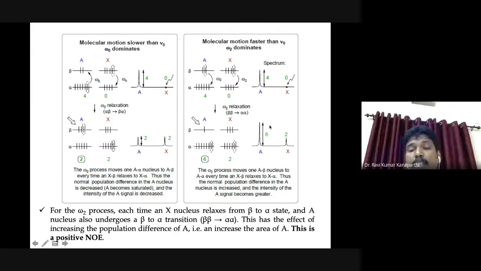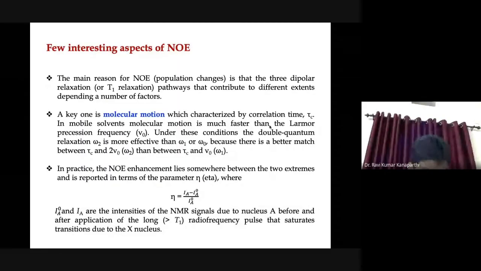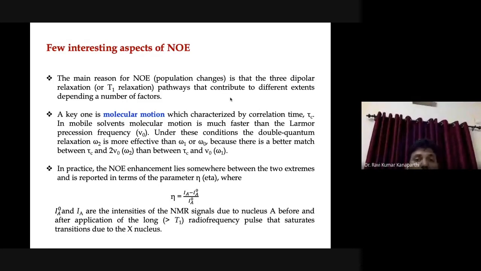Therefore, it is positive. We can calculate the enhancement factor, based on which we can arrive at a couple of points, and then we can determine the molecular structure also. So that's the explanation about the NOE.